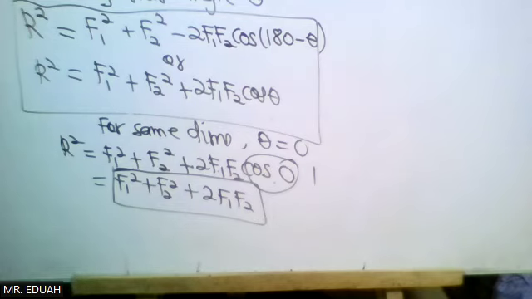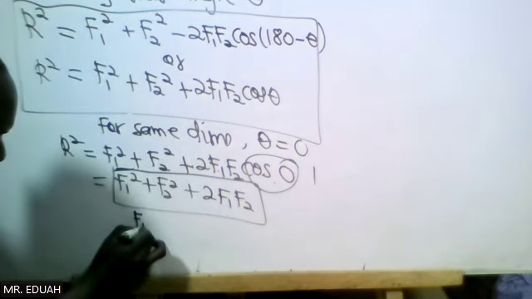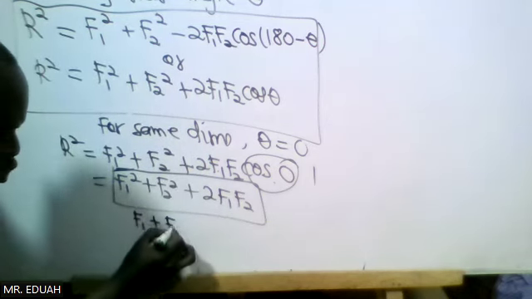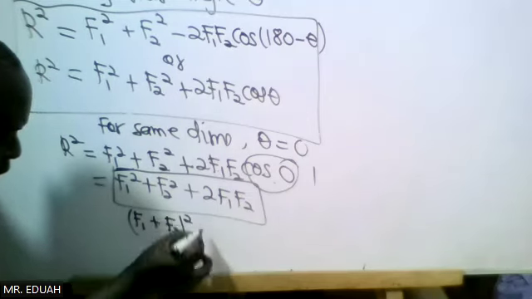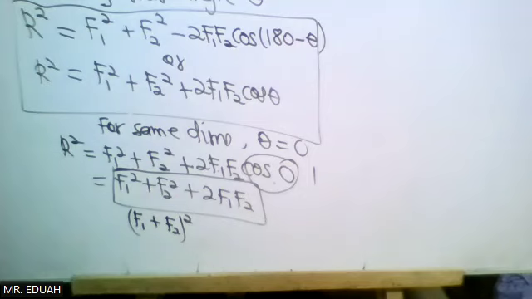If the idea is not coming, then expand this for me: F1 plus F2 all squared. Expand F1 plus F2 all squared. Yes, Gabriel.